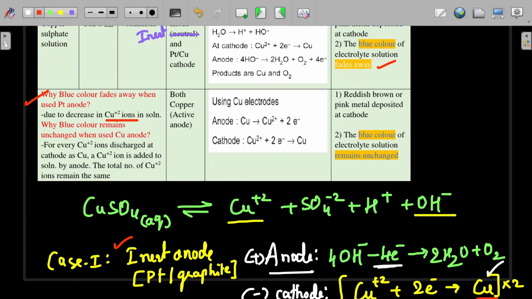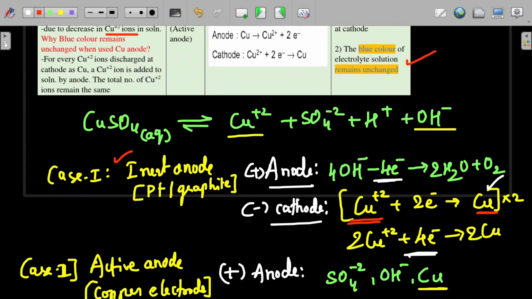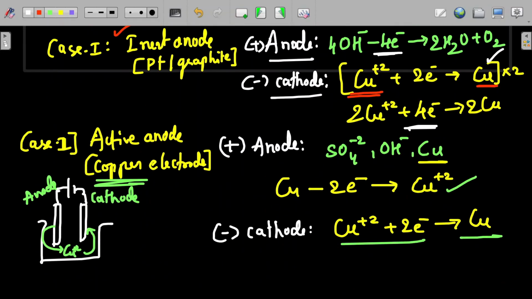But if you take active anode, what happens to the blue color of the solution? It remains blue only. That's because at the cathode, Cu2+ ions are used up, but at the same time, what is happening at the anode? They are forming back. So Cu2+ gone, but Cu2+ came back.